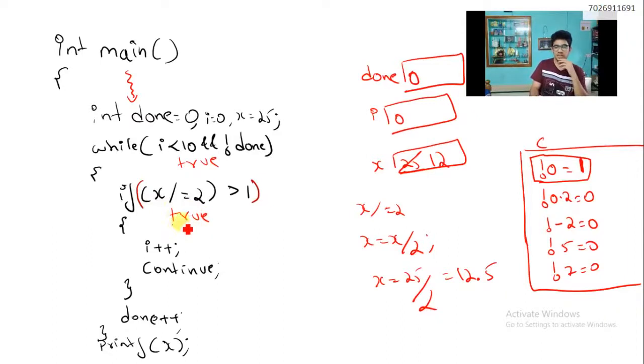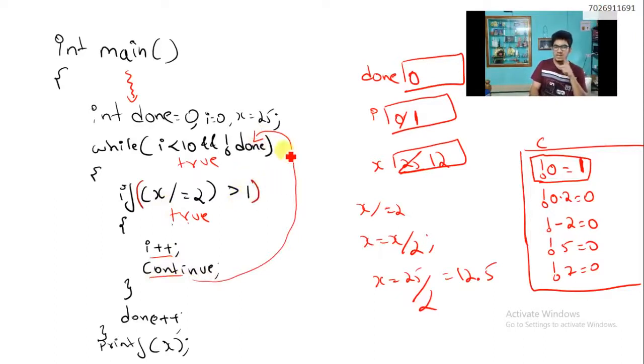Then i plus plus means i value becomes 1. Then you are telling continue. Continue means don't think that it will come to the if. No, continue means it will go and check the condition again.